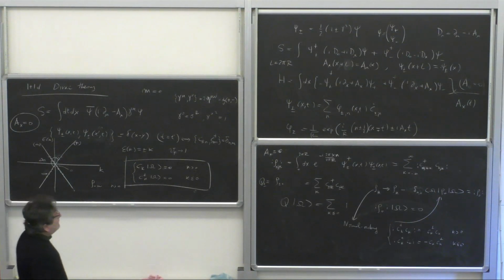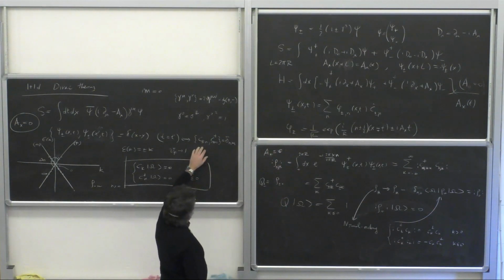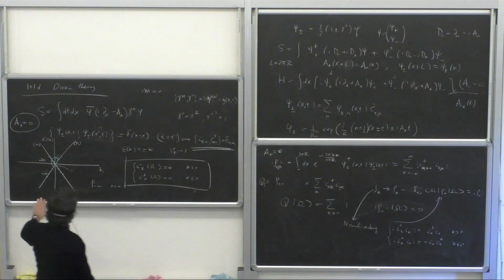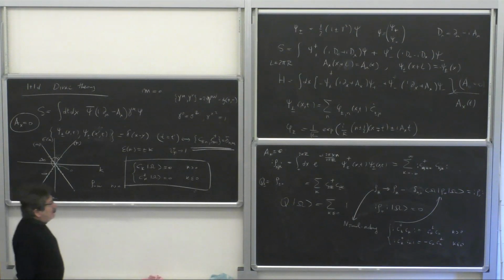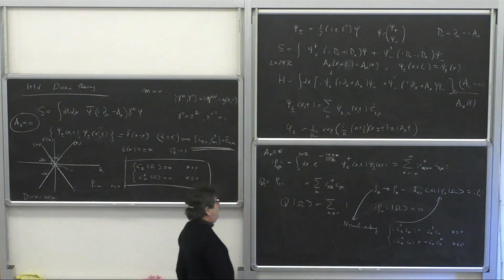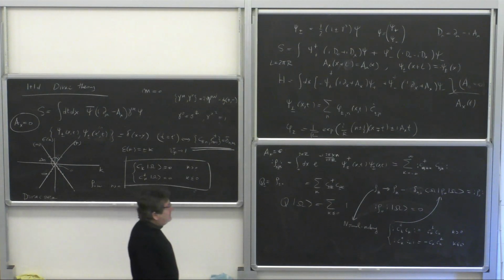Quantization amounts to substituting the solution of the equation of motion, and then establishing this anti-commutation relation. Then we had the problem of the infinite Dirac sea, and we solve it by subtracting this piece. This makes sense because I want to study properties of excitations around the ground state. I don't want to care about the fact that the ground state is filled with all these particles. So this is an unambiguous definition of the quantum theory.